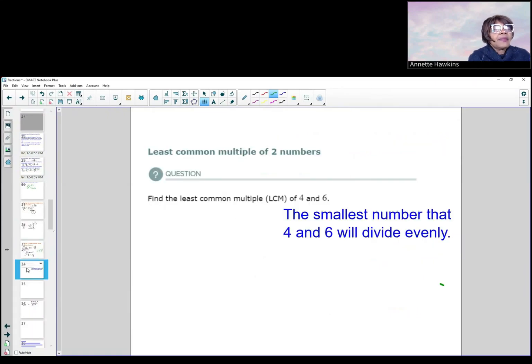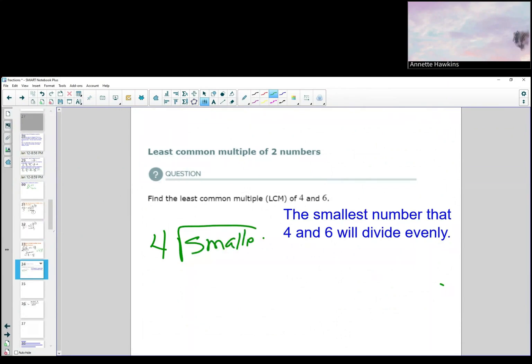All right. The next concept we want to look at is to find the least common multiple of 4 and 6. So we're trying to find the smallest number that 4 and 6 would divide. 4 divides it, and 6 divides it.